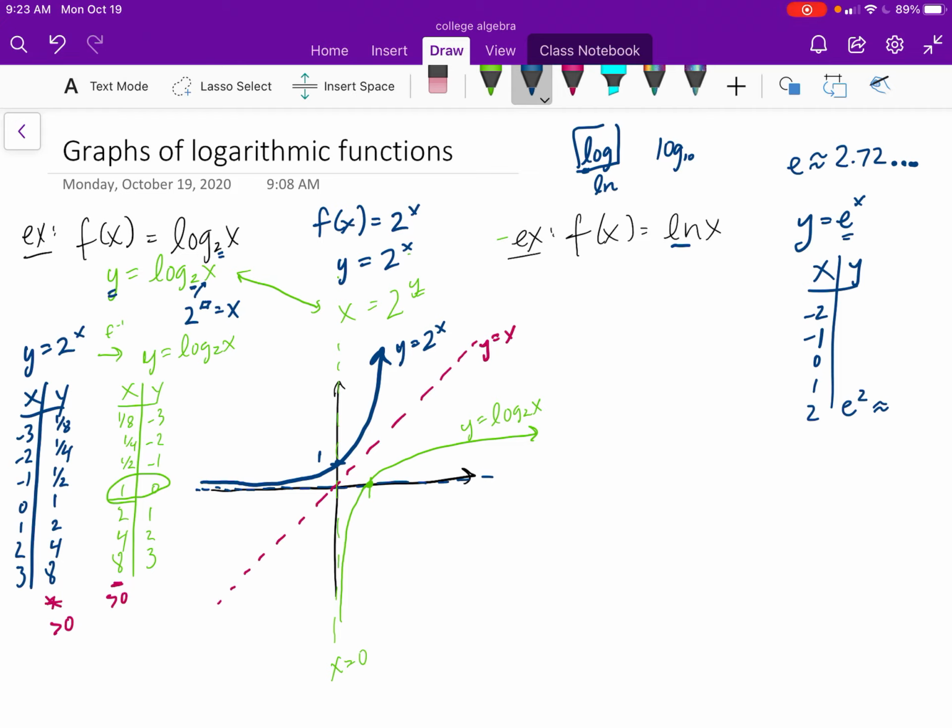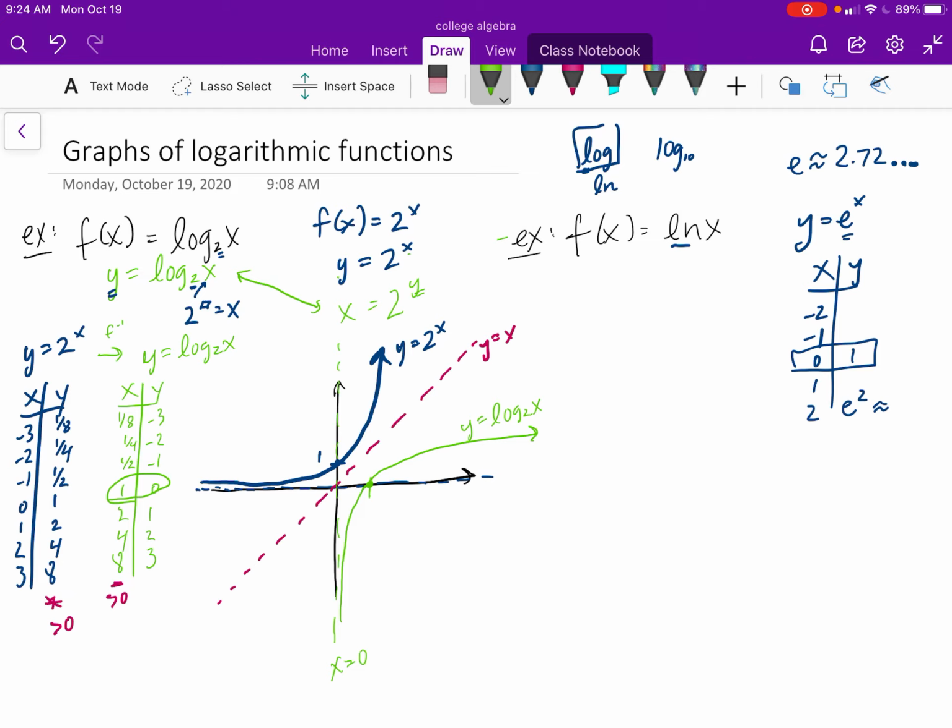Now, e to the 0, I do know. That is still an important point. So when we do the inverse, right, y equals ln x, we still have 1, 0. That's important to point out. The only thing that changes here is that these values are slightly different. Like when we did y equals 2 to the x, right?